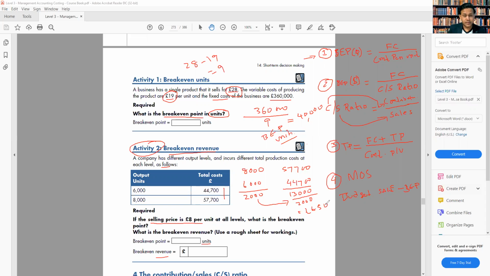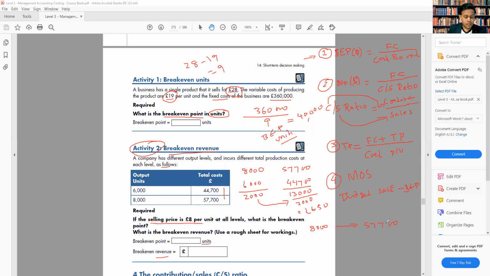So now I have the variable cost per unit. So I can identify now the fixed cost. So let's pick anyone. You can pick 6 or you can pick 8, anyone. Let's say I pick 8,000. So for the 8,000 units, the total cost is 57,700.